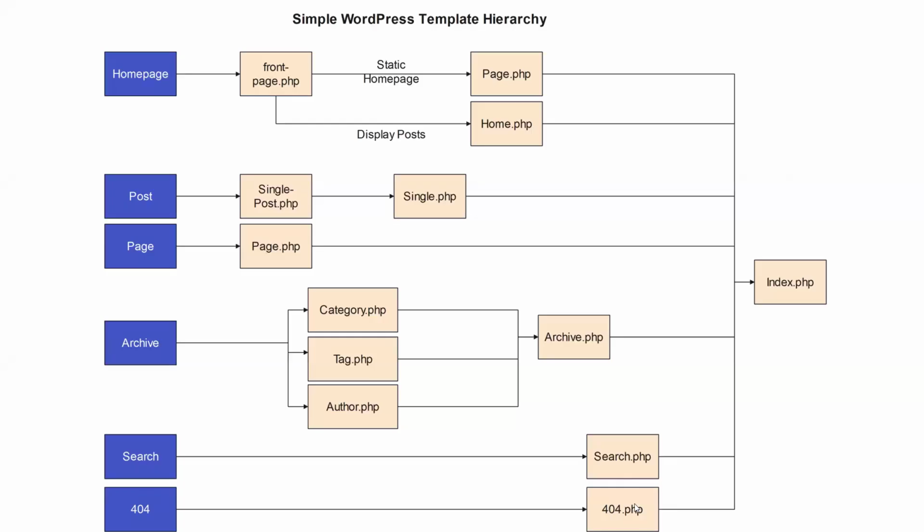In conclusion, all templates are saved with the extension .php. So when we are creating them, we don't put .php, but WordPress identifies them with the extension .php.